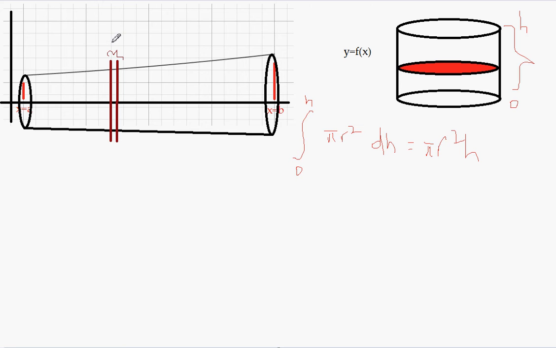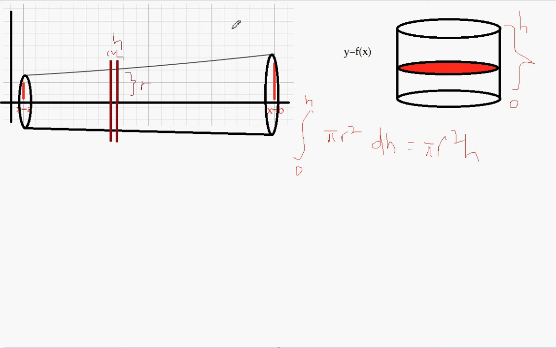And the width of this we'll call h, because this is basically a cylinder, but tipped on its side, we can call this the height, or h. And then if we assume that this is a cylinder, then this should therefore be the radius.